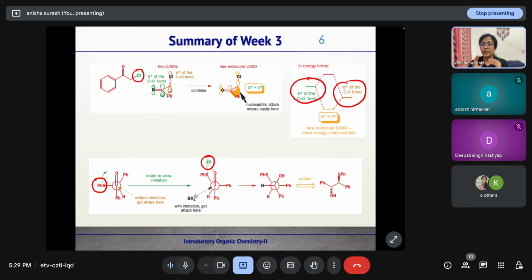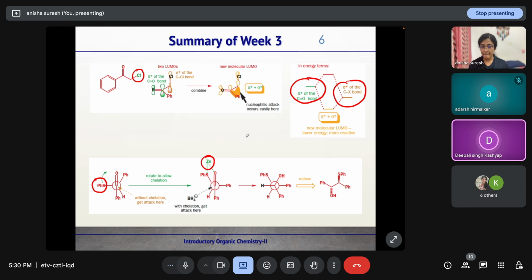Okay. So if chelation possibility is there, if some chelating metals are present, in that case we have to draw the Felkin-Anh model such that the atoms that can undergo chelation come close to each other. Okay.